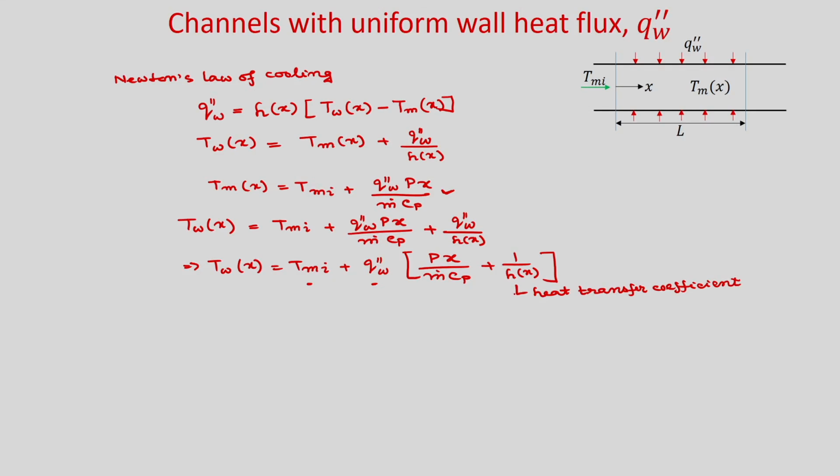Only thing is that while calculating the wall temperature you need to calculate h(x), and h(x) will depend on whether it is the developing or fully developed region, and whether the flow is laminar or turbulent. So, this h(x) we need to find. If you know h(x), then you can find Tw(x) for the constant wall heat flux boundary condition.